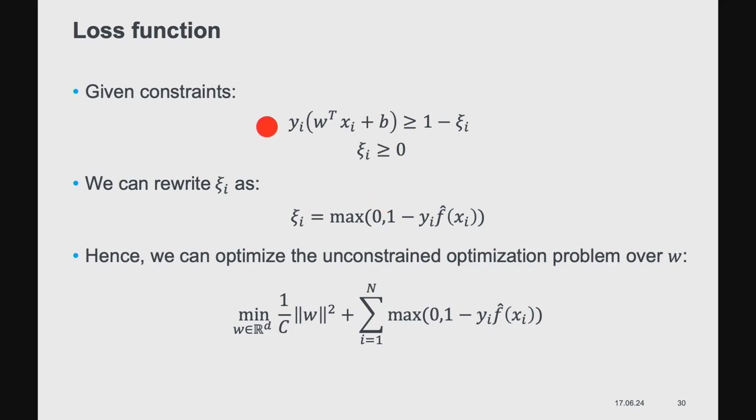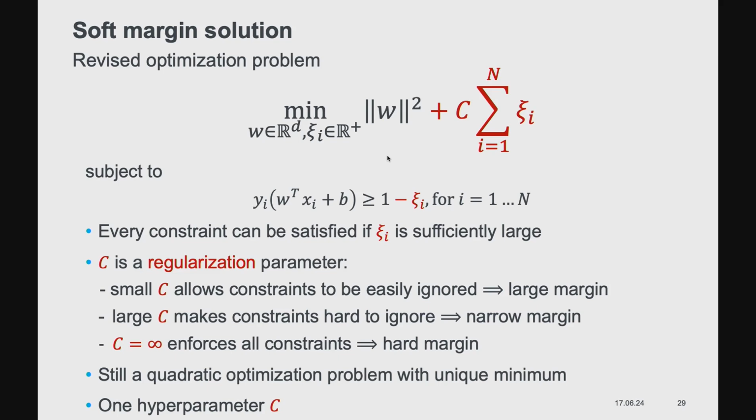Okay, so that's now our constraints. Now, of course, what we require here is that the zeta i's are larger than 0, right? Because otherwise, what would happen if the zeta i's could also be negative? Then this punishment wouldn't work anymore.